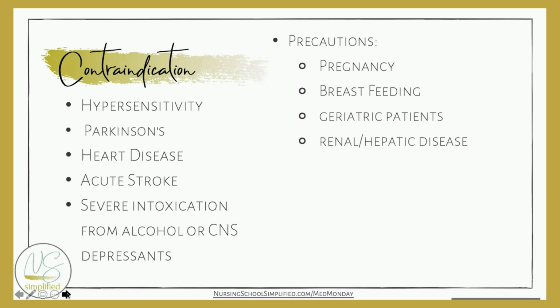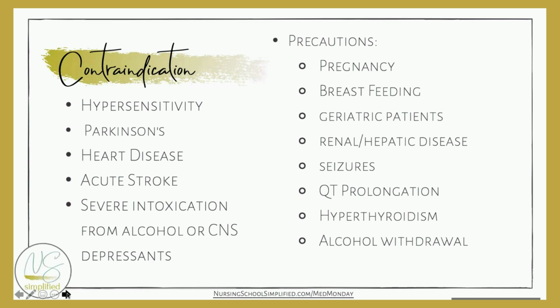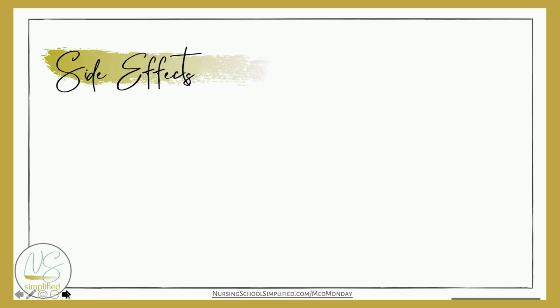In patients with renal or hepatic disease, we want to monitor their renal function and liver function. Patients who have seizures. If patients have a prolonged QT segment, we want to monitor that, and we want to give this cautiously because it can cause it to prolong even more. Hyperthyroidism and alcohol withdrawal. Oh, and closed angle glaucoma.